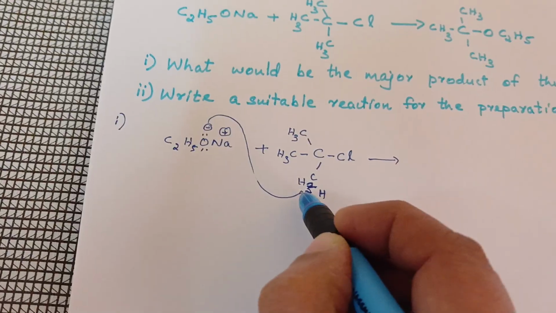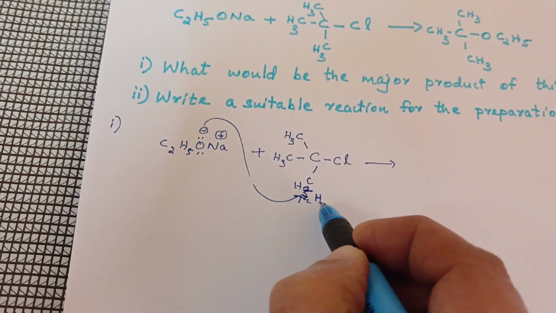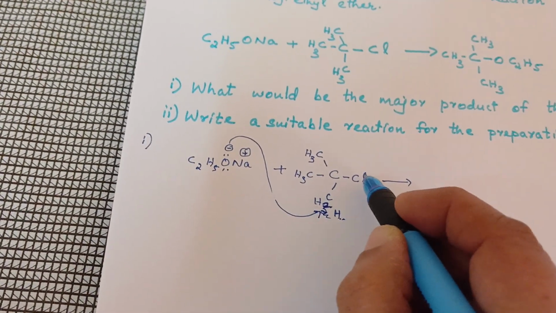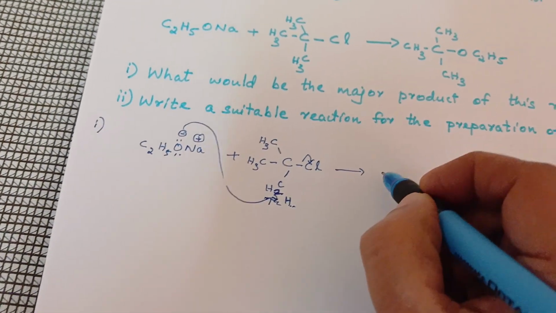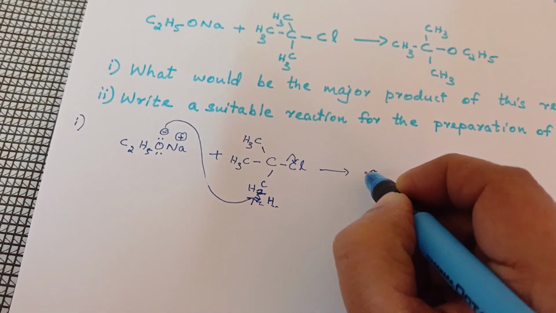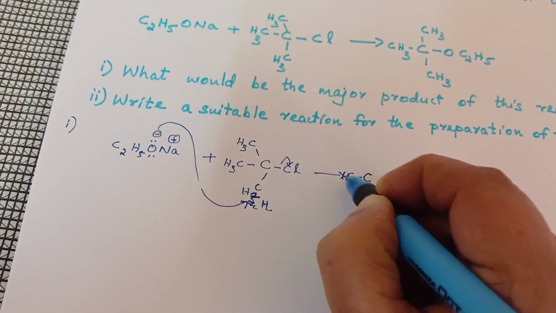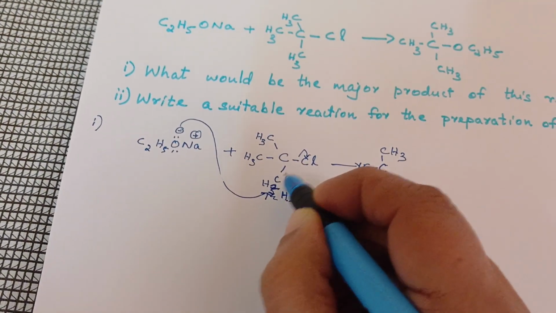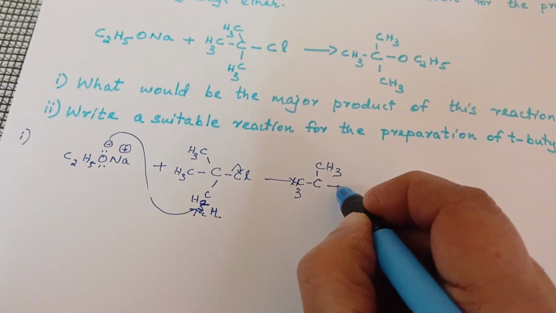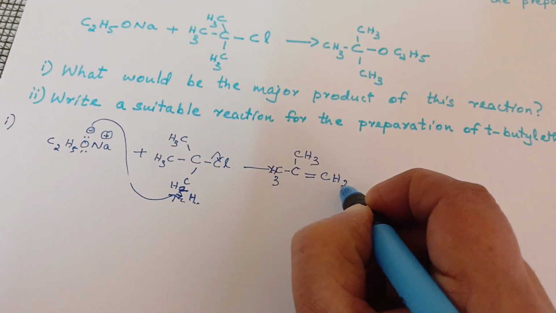As a result, this chlorine will go with sodium, and you will have CH3 here, and here you will have a double bond with a CH2 like this.